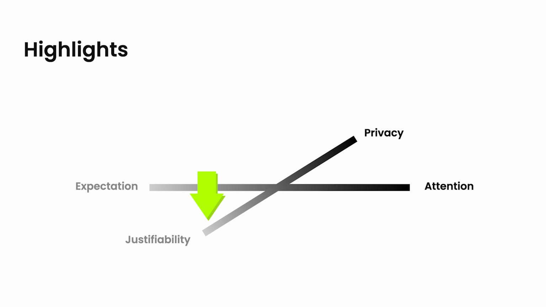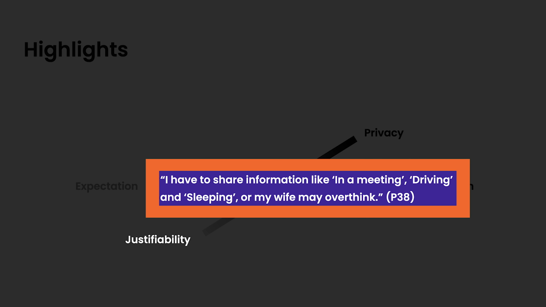To do so, many of them desired to disclose activity details so that other people would think their use of restriction was understandable and reasonable. Like this participant said, "I have to share information like in a meeting, driving, and sleeping, or my wife may overthink."